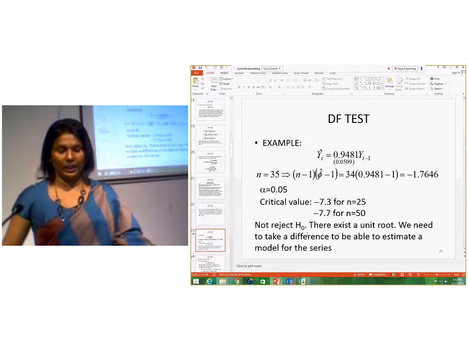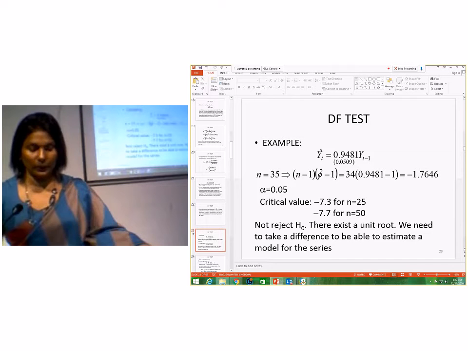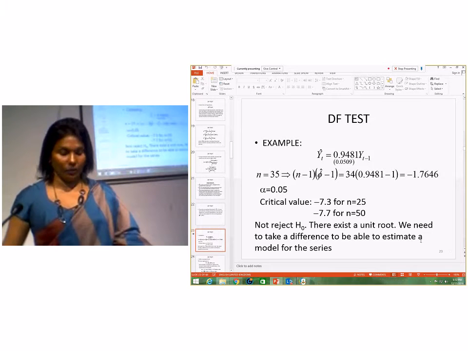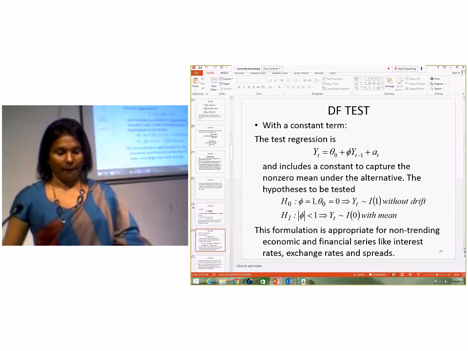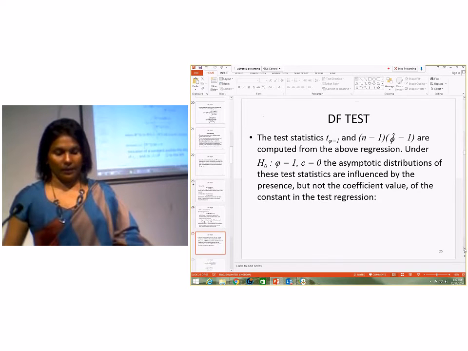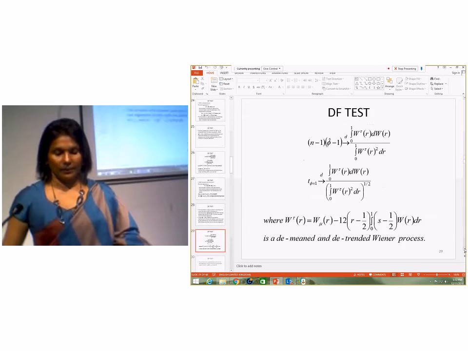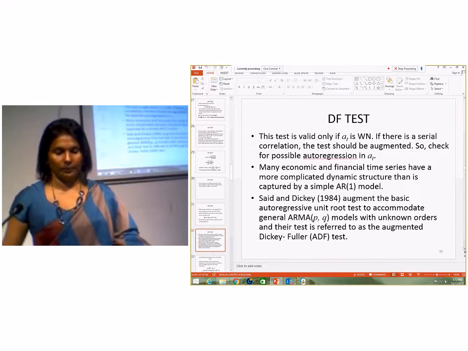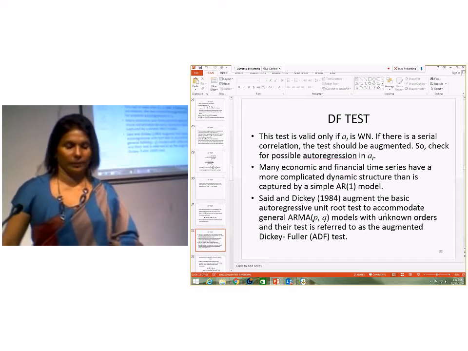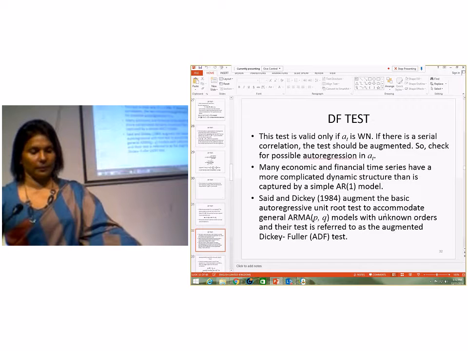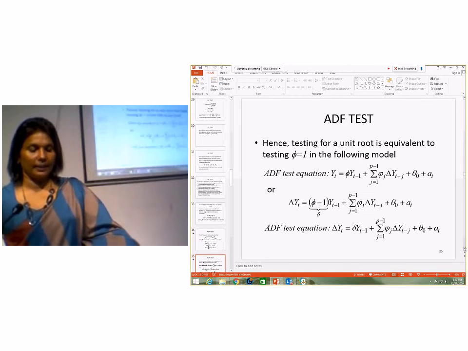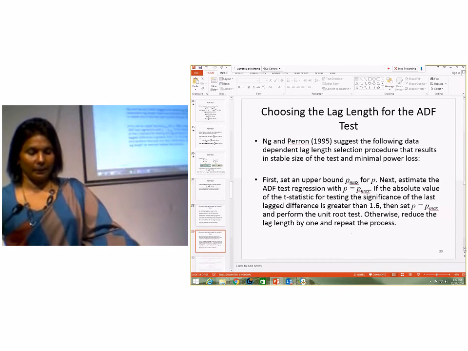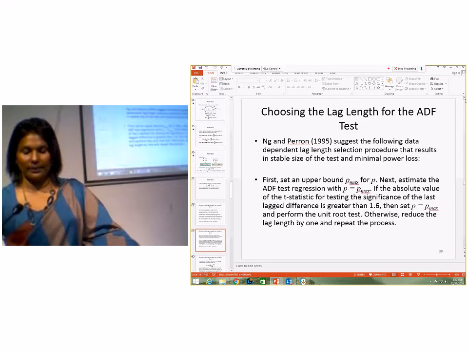Then we need to take the difference to be able to estimate the model for the series. Right, this is the theoretical rationale behind the augmented Dickey-Fuller test.